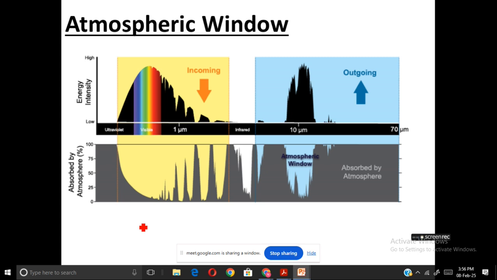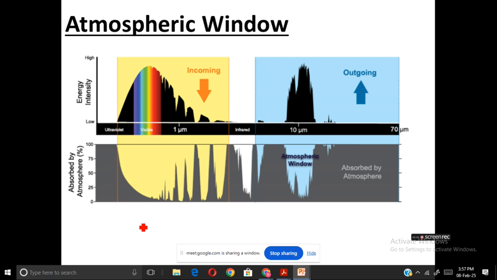So if we want to know some characteristics of the earth, or we want to measure something on the earth from satellites, the satellites generally use radiations which fall in these atmospheric windows, because those will not be absorbed by the atmosphere. So it will directly pass through the atmosphere and reach the surface. So atmospheric windows are very much important in case of satellite measurement.